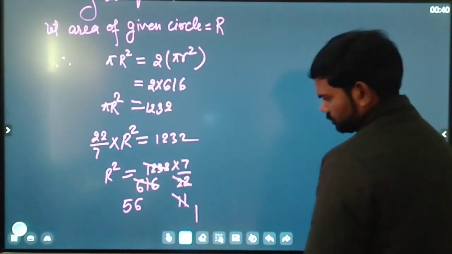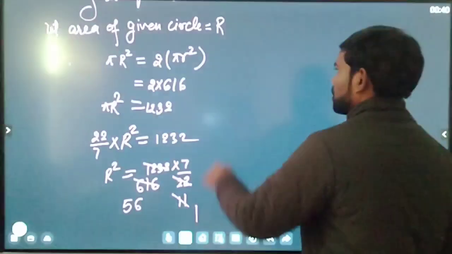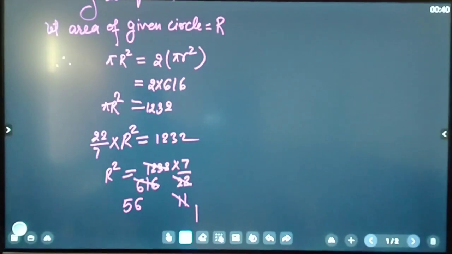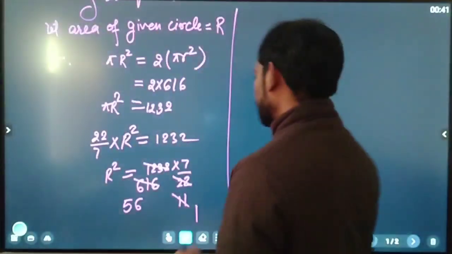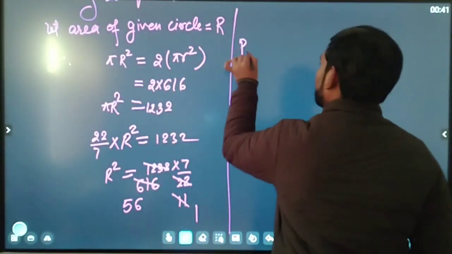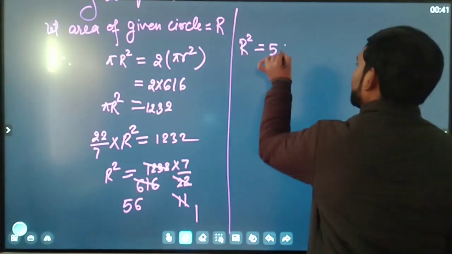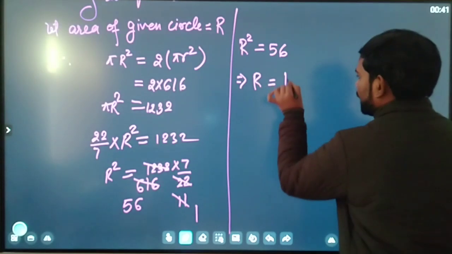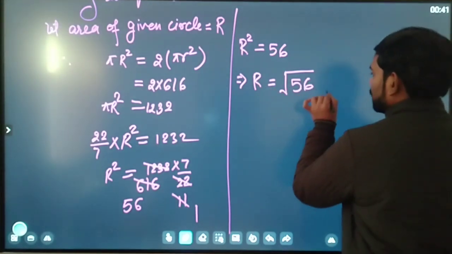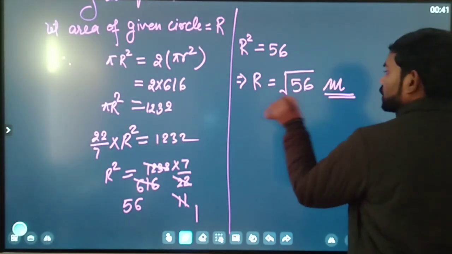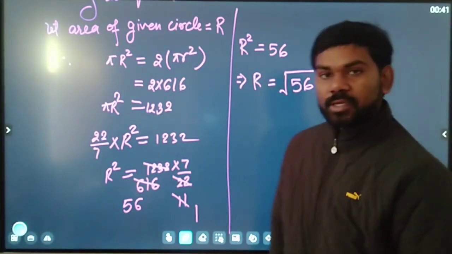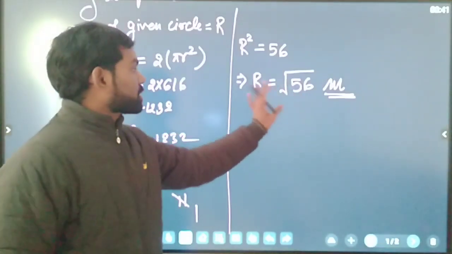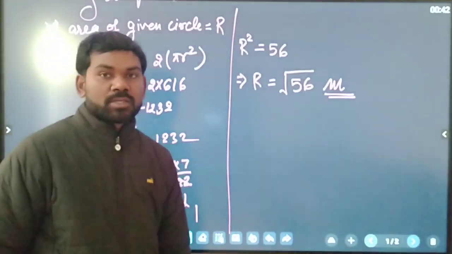Therefore we get 56. So R square is equal to 56 and this implies R is equal to under root 56. So the radius of the first circle is under root 56.